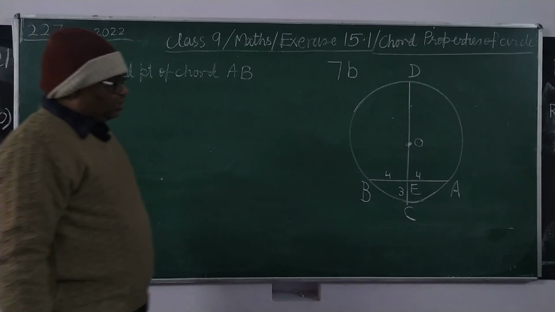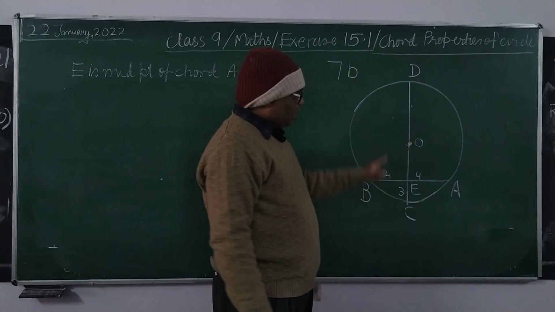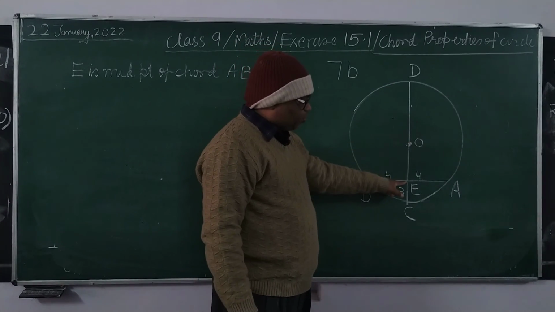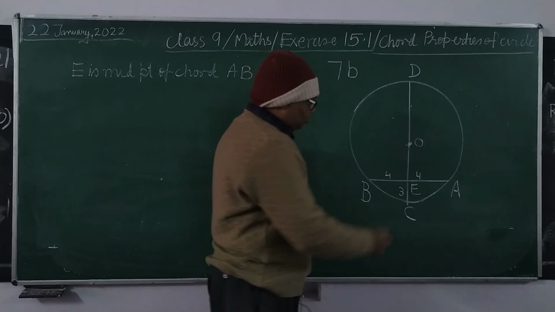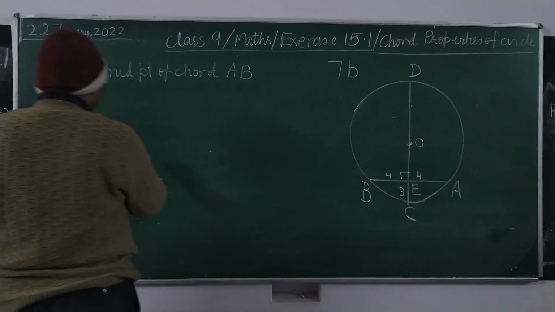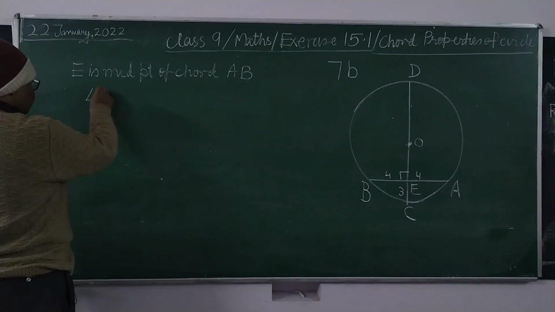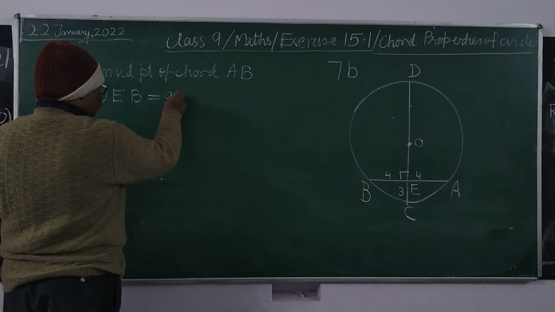Now you can see here O is the center because this is the diameter. Line joining center to the midpoint of chord is perpendicular to the chord. Means we will write that angle OEB equals 90 degree. Why?